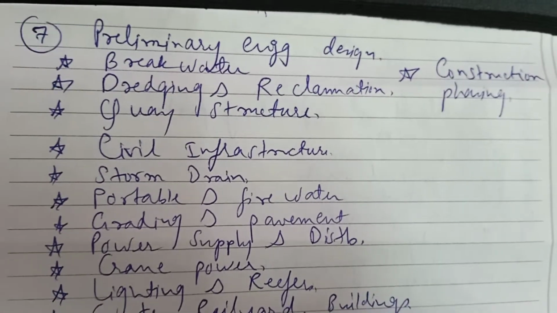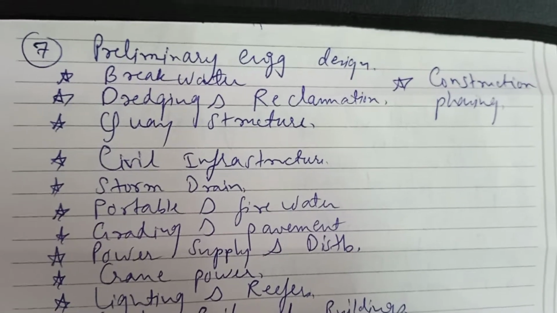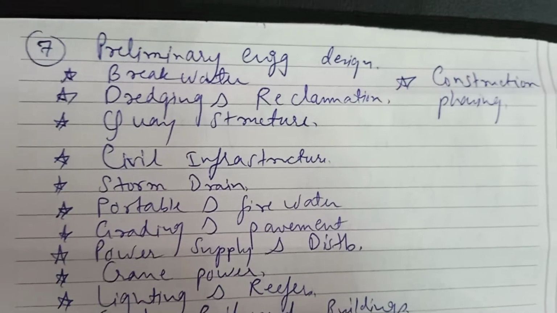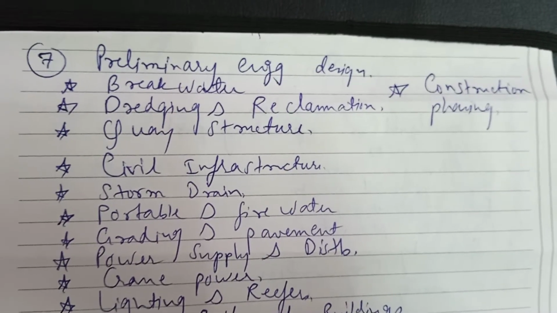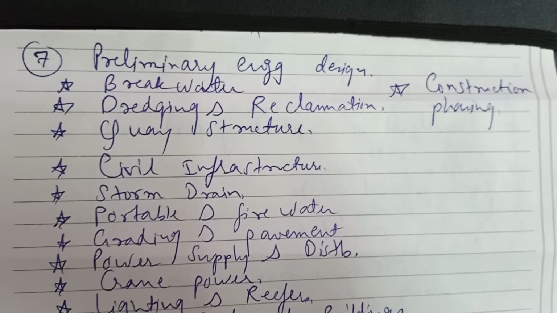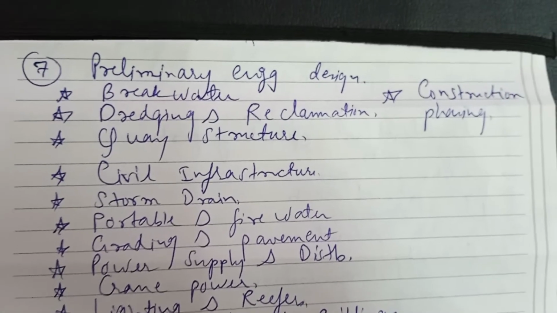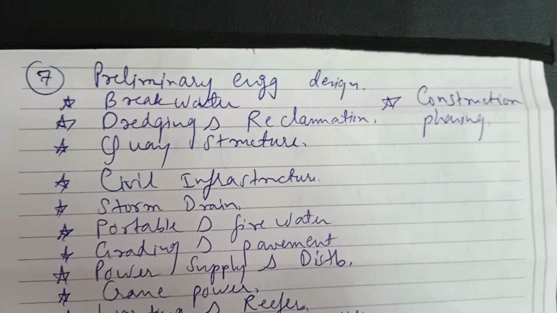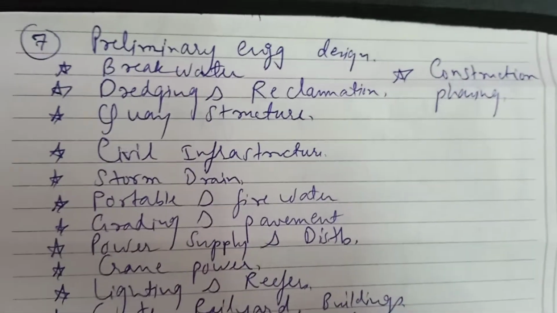Third point is a quay structure. Quay is basically a word used where the ship gets berthed alongside the terminal, port or jetty. Quay structure is a preliminary port design which will be included in the engineering design. Quay structure can be of various kinds, according to the management and the type of port terminal to use.